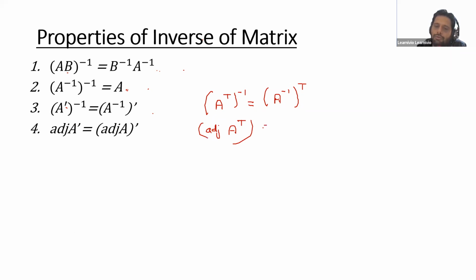That will be equal to, if you first find the adjoint of the matrix and then find the transpose of it. Please note down these properties up to 4, then we will check some more properties. Please confirm, Noma, Yashika and Uneep, once it is done.